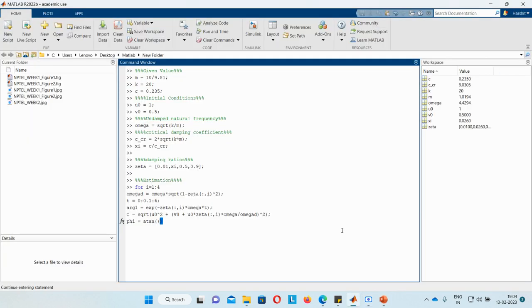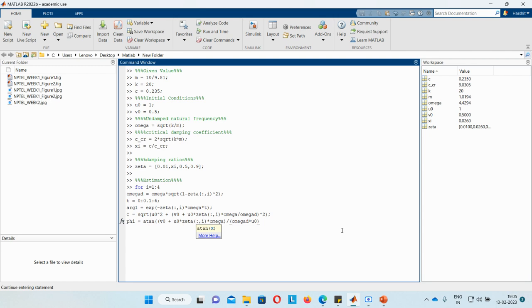So it will be again v of 0 plus u of 0 times zeta comma i times omega, whole upon omega d times u of 0.